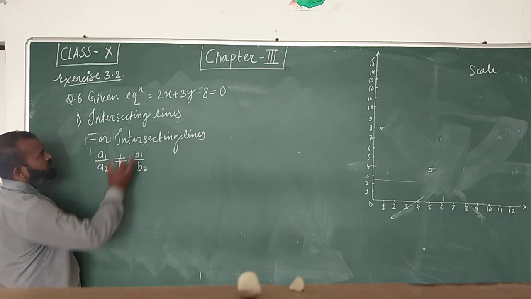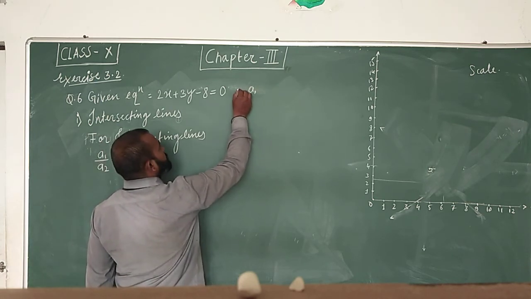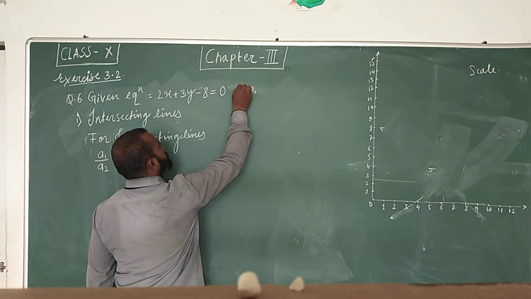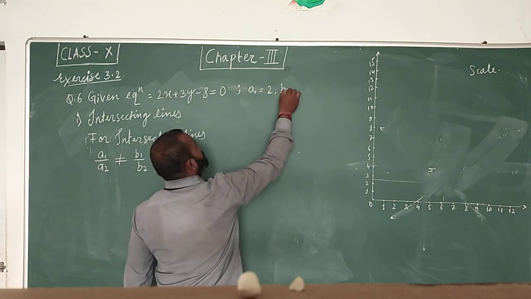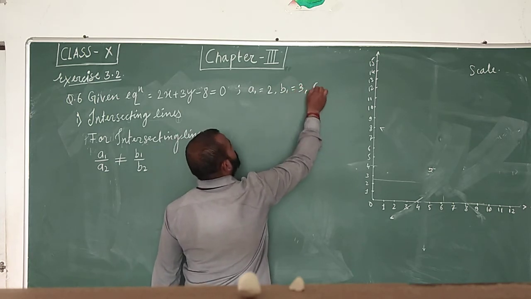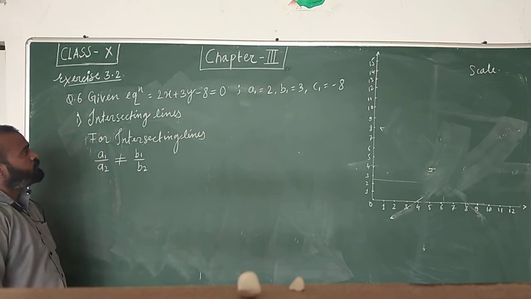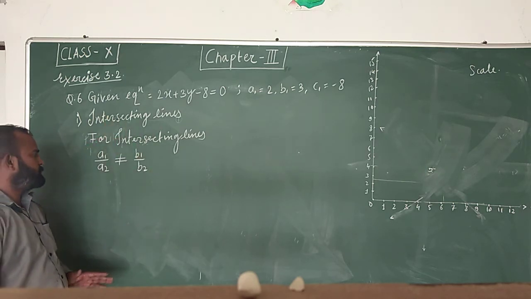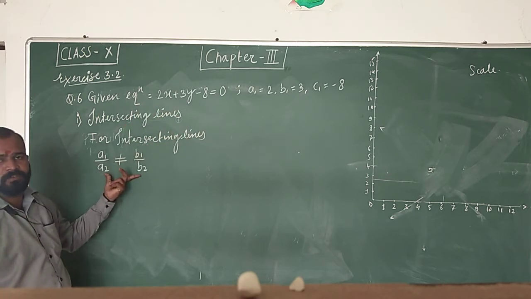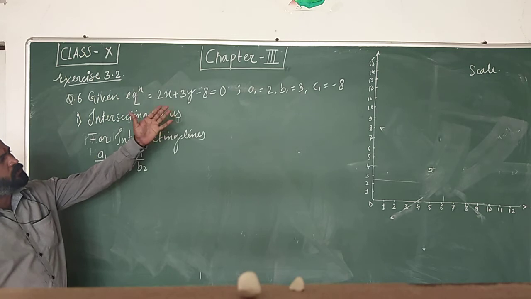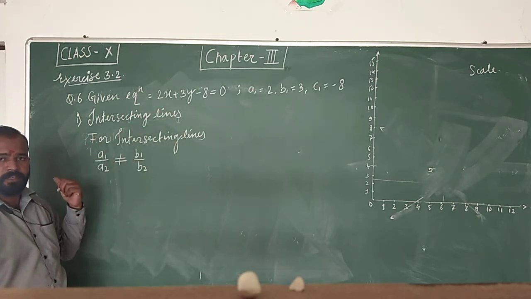So see, here, यहाँ साइड में लिख देते, a1 is 2, b1 is 3, c1 is -8. Now take any value of a2 and b2 such that these two ratios should not come equal.